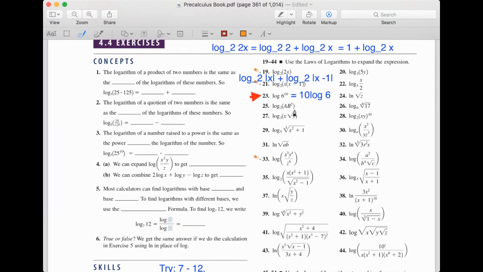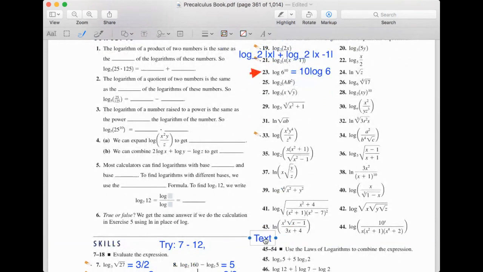Let's do the product first. If it's a product, we split it into a summation of 2 logs. So A goes one way and B squared goes a different way, right?